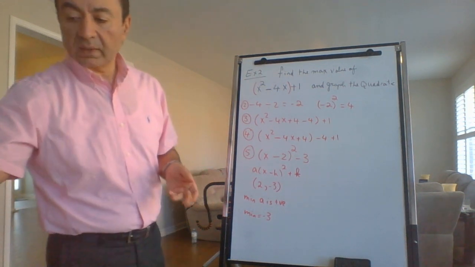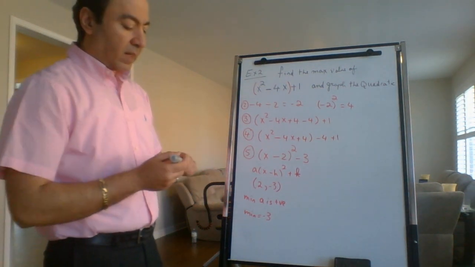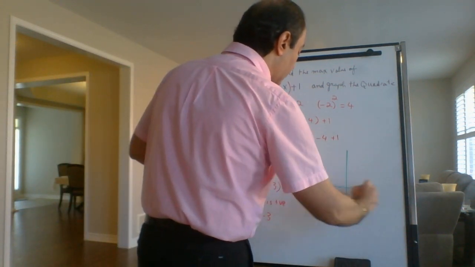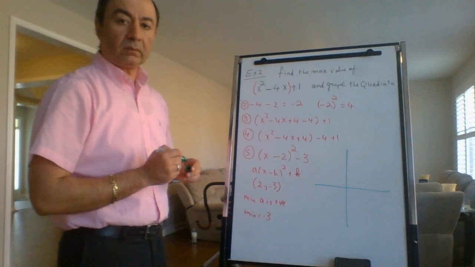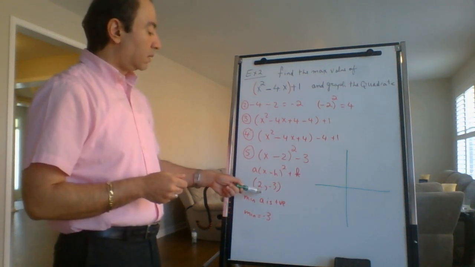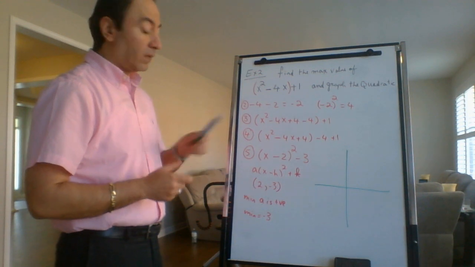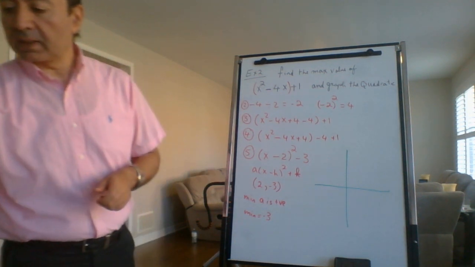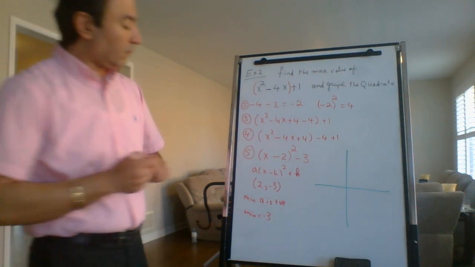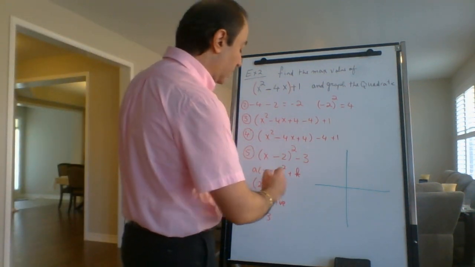Now the second part, it says graph the curve. So I'm going to sketch a graph for this. The first thing, I will plot the vertex. So I have the vertex at the point 2 and negative 3.